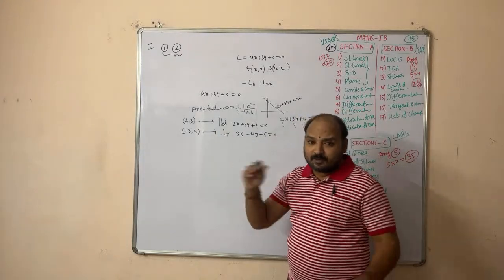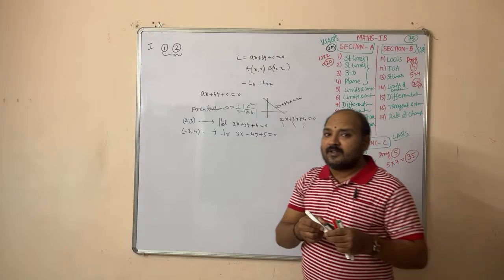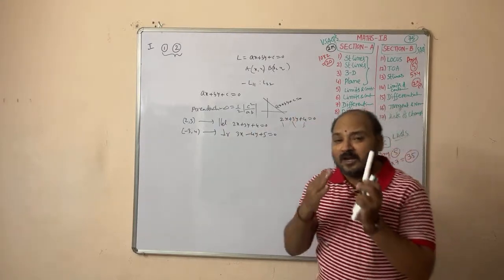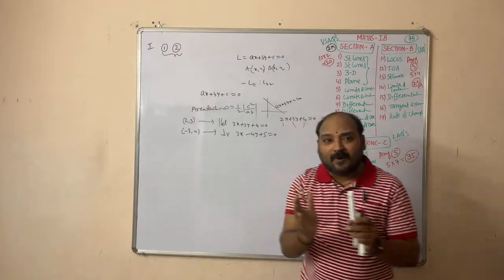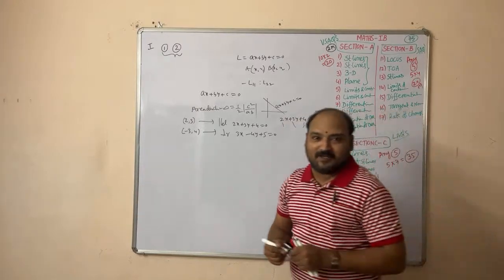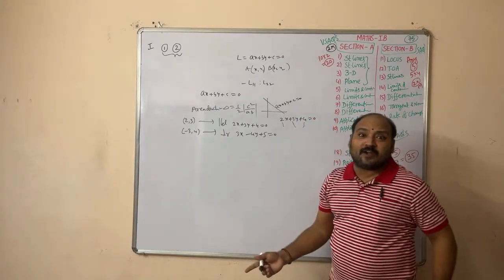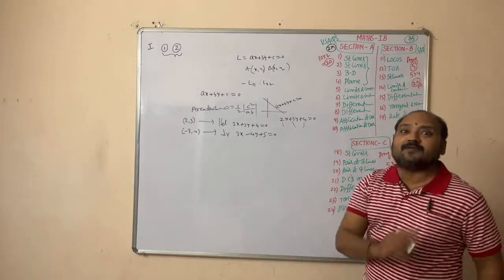Some students are getting confused when they are asked to find the perpendicular distance and the perpendicular line. The length of the perpendicular is different, the perpendicular line is different, dear students. Keep in mind, all of you.